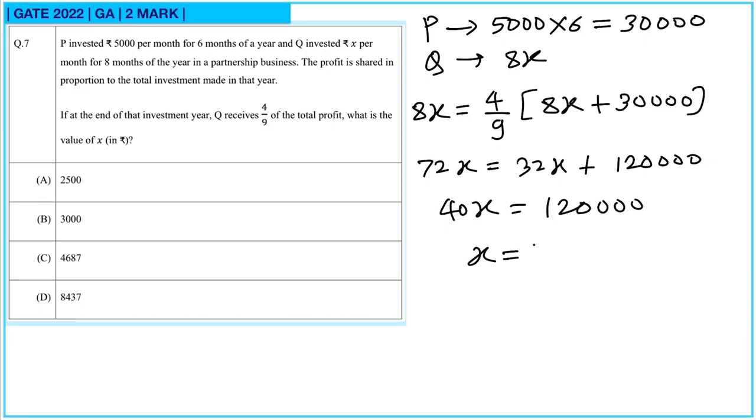That means X is equal to 3,000. So that is what has been asked. So X is equal to 3,000. So option B is correct.